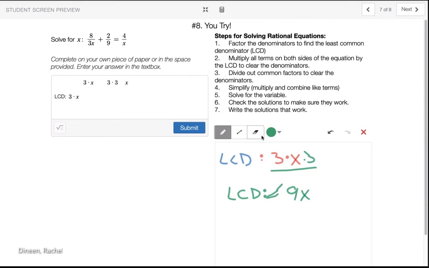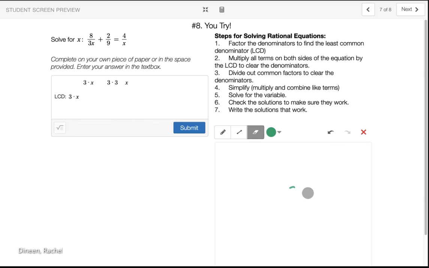All right, how'd you guys do with the LCD? Wait, how did you get, is that another 3 at the end? Yes. Why can't you just put 9? Because that would not be the least common denominator.